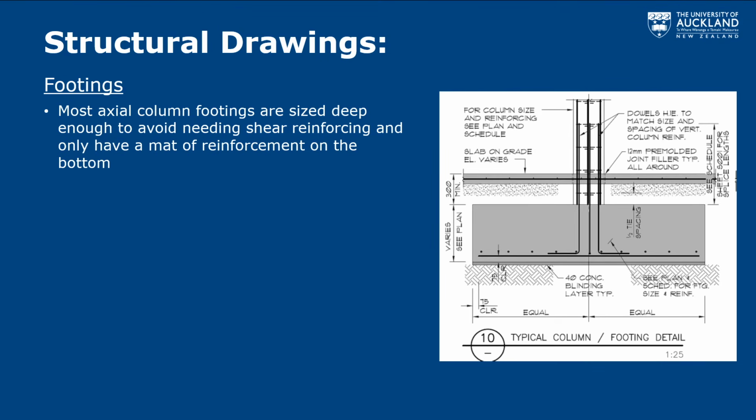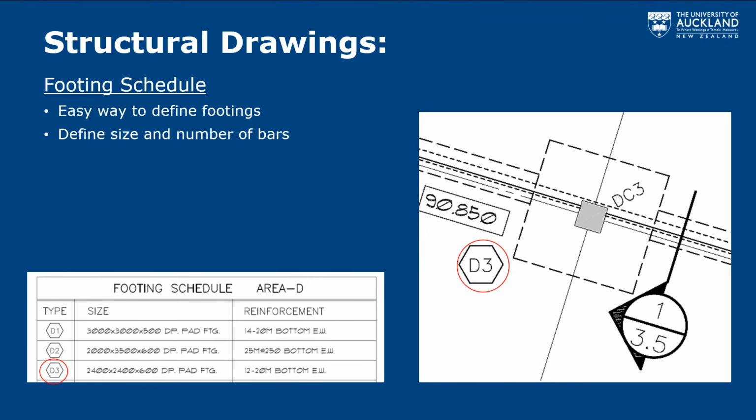But because we have lots of footings in a building, we often don't want to put down each and every footing. So instead, we'll write up what's called a footing schedule. If you see a footing schedule or a column schedule or a beam schedule, it's essentially a shorthand so that we don't have to put dimensions and reinforcement on each and every location where we see this.